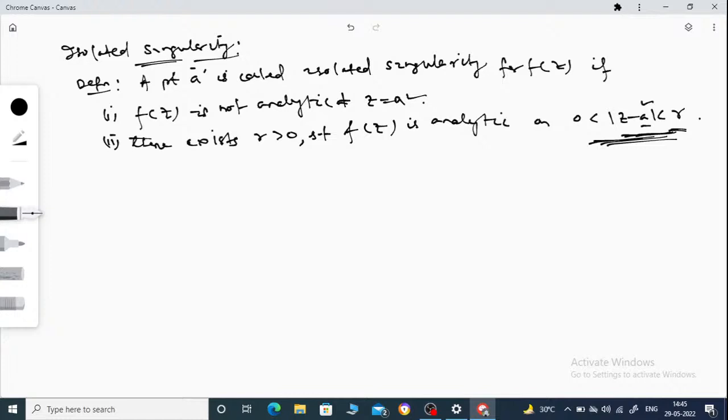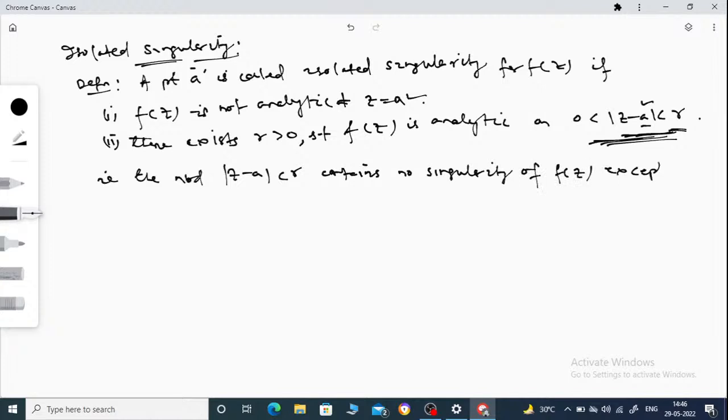That means the neighborhood |z minus A| less than r contains no singularity of f of z except z equal to A. Okay, so this is the definition of isolated singularity.